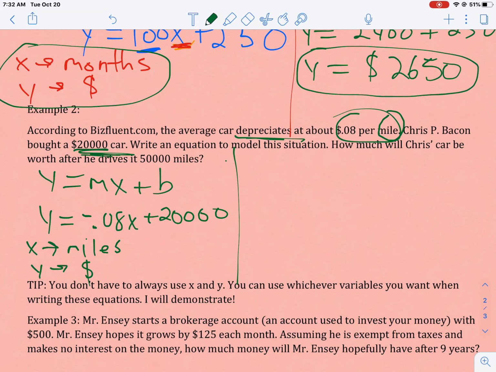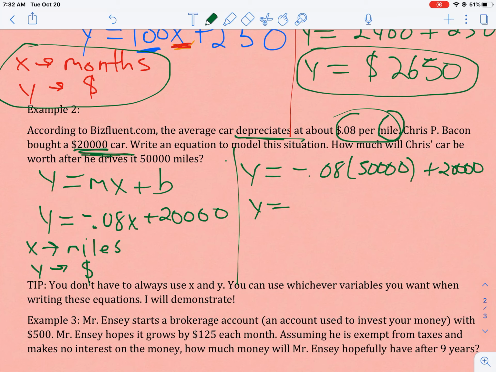So how much will Chris's car be worth after he drives it 50,000 miles? So again, since x is miles, we're going to plug in 50,000 for x. All right, so now I will have to break my calculator out for this one. 0.08 times 50,000.